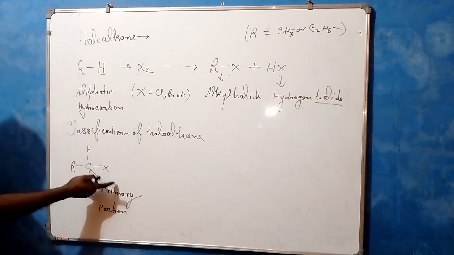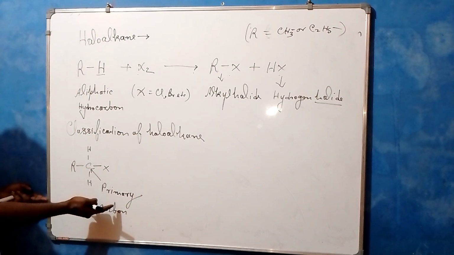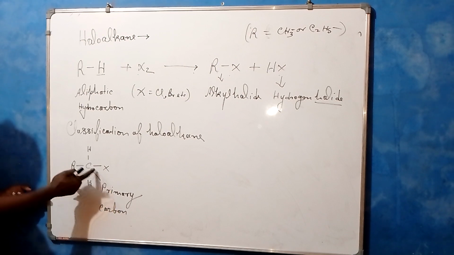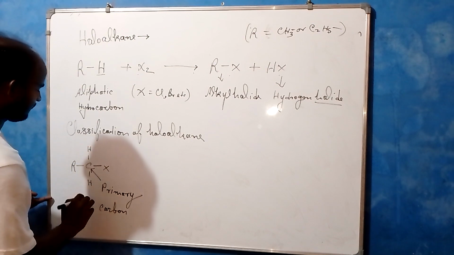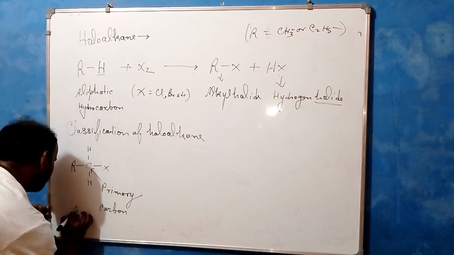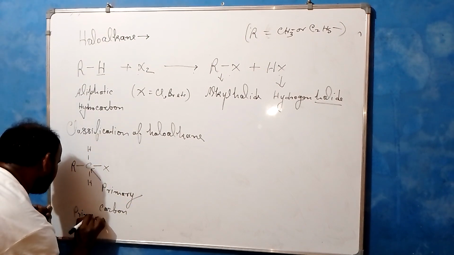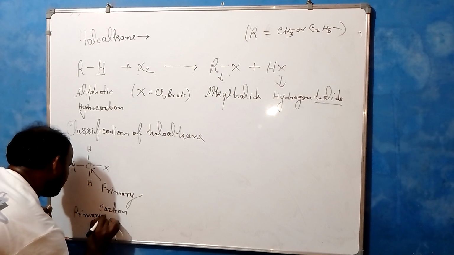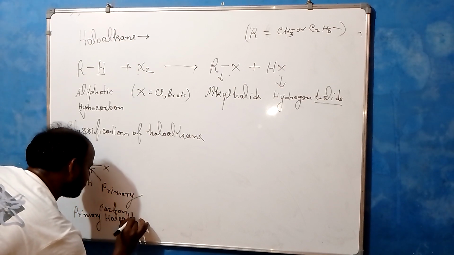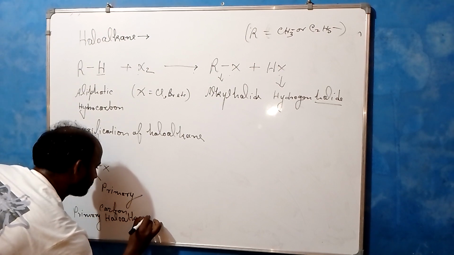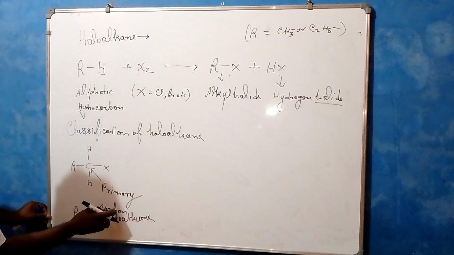When we attach the halogen atom to the primary carbon, this is known as primary haloalkane.